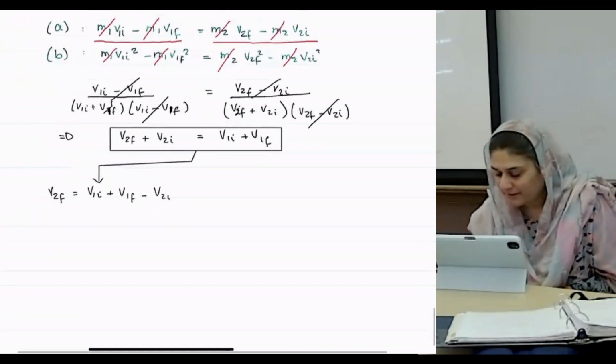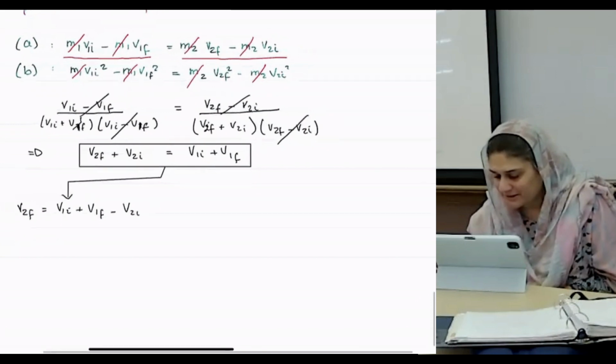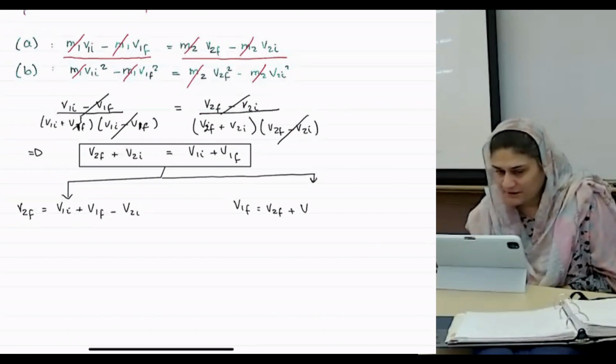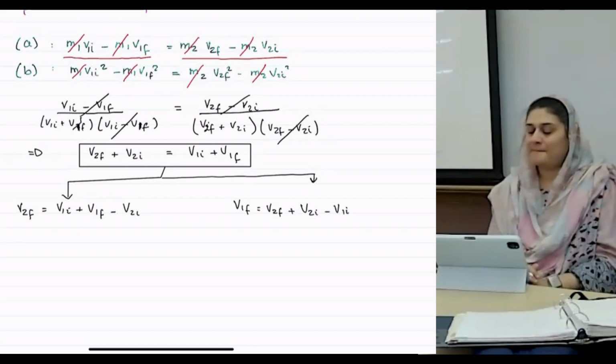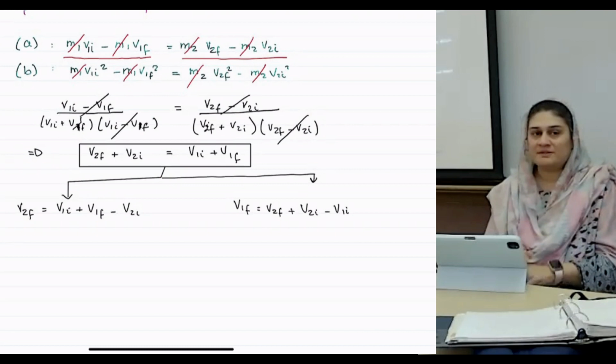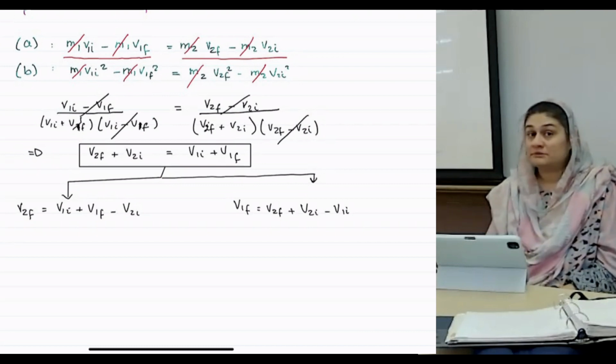Or I can also rewrite this as V1F equals V2F plus V2I minus V1I. Can I do both of these from that?